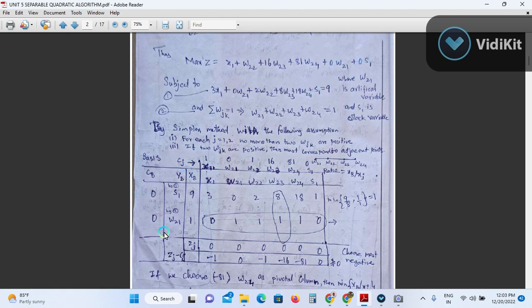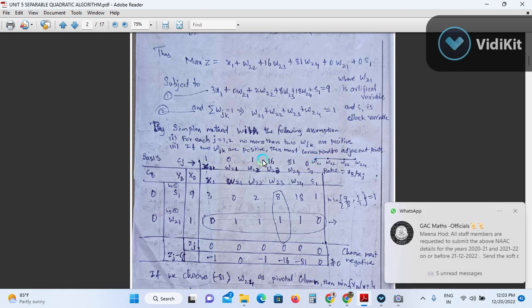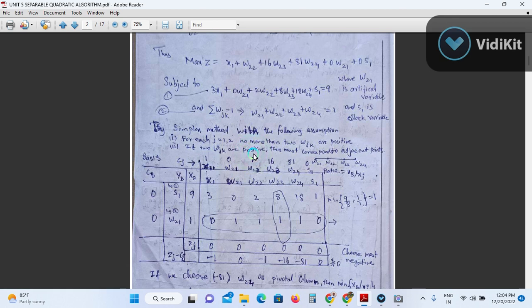From the first constraint, the coefficients of x1, w21, w22, w23 and w24, and s1 we put here. Similarly, from the second constraint, we put all these coefficients. And from the objective function, the coefficients are 1, 0, 1, and so on. So all these coefficients we put here.